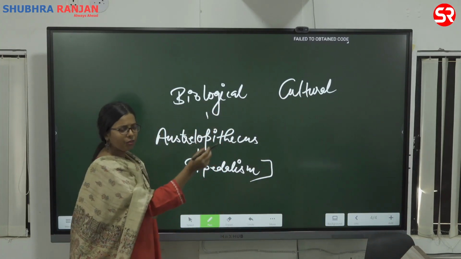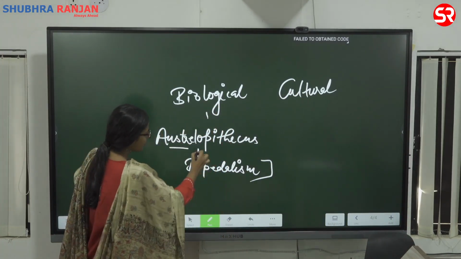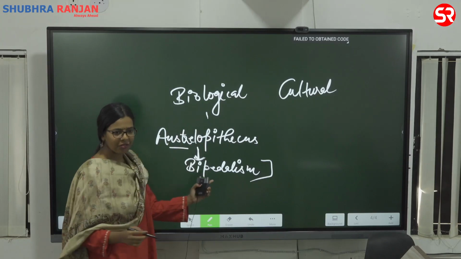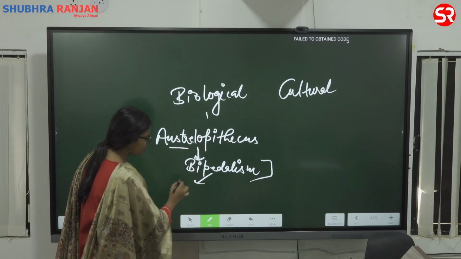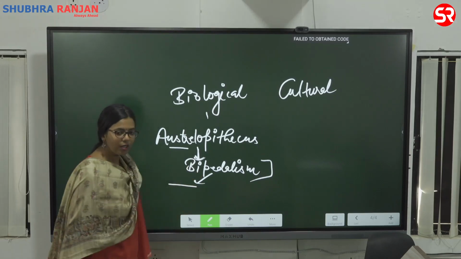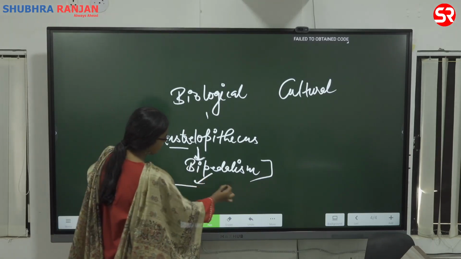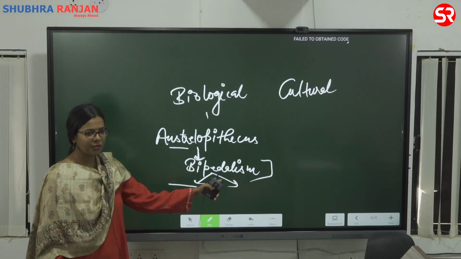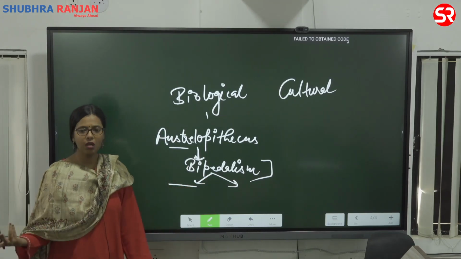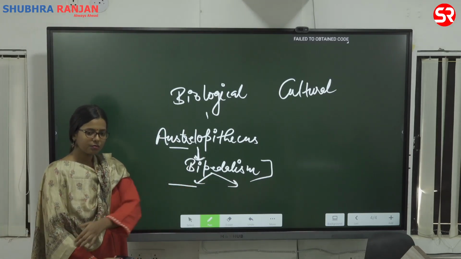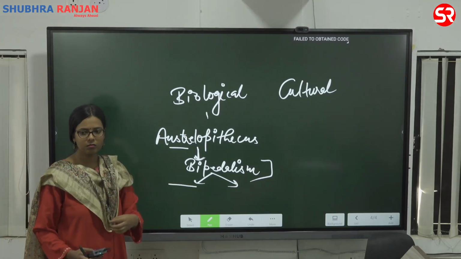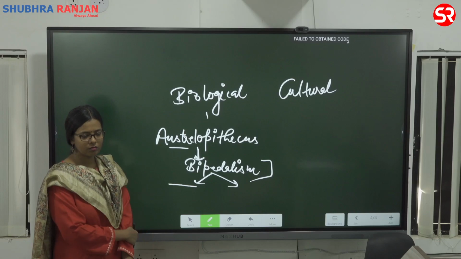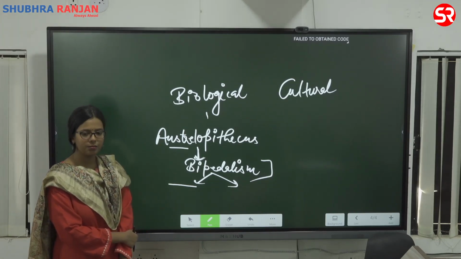Biological evolution of human being, write Australopithecus, and below it, with an arrow, you can write bipedalism. Okay. What was the implication? Here you can write broad vision, and here you can make another arrow and write freeing of 2 hands.